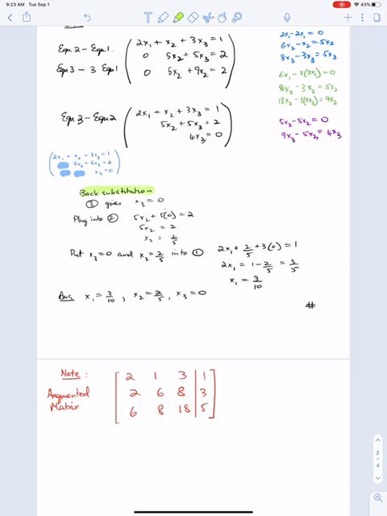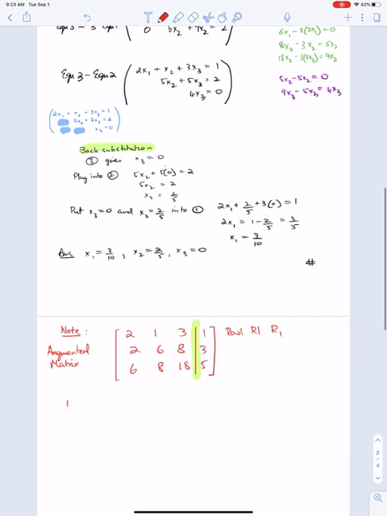This is just a way of writing it so that we don't have so many variables. This line here just indicates that the numbers on the right of it are on the other side of the equation. And we can refer to it as R1, row 1, or my preferred way is R subscript, and then this is R2 and R3. And then the operations are very simply written too.